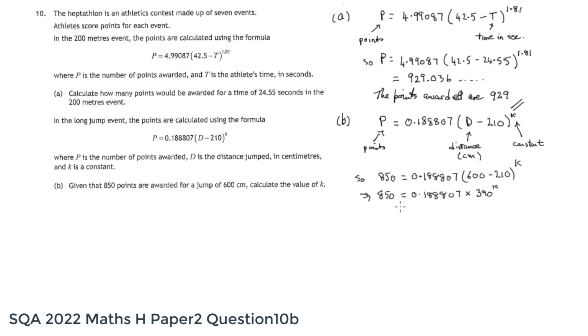So how are we going to do this? Well, let's first of all divide both sides by 0.188807. At least then we'll have just the one number on what I'm making the right hand side of the equation.